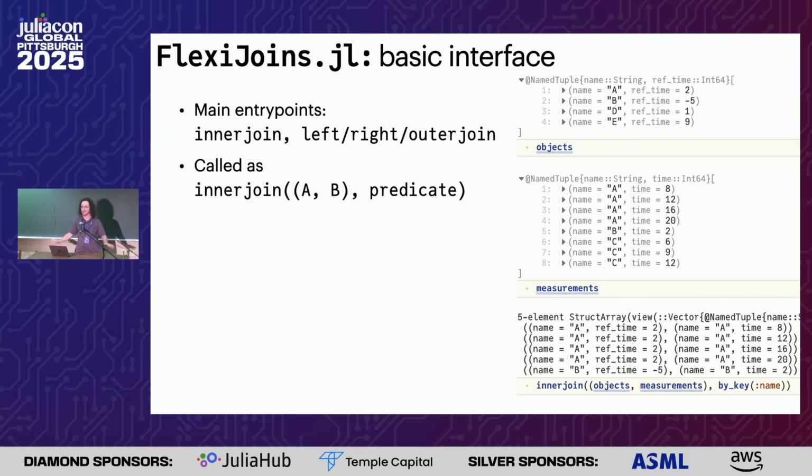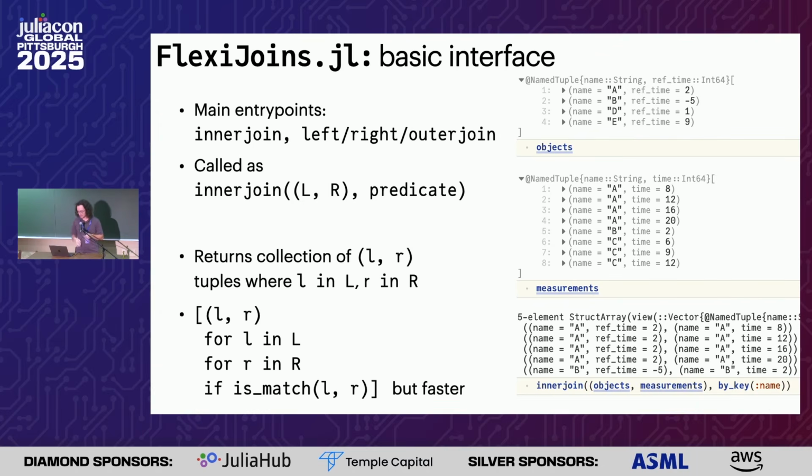This is a typical key equality join. The result is really a collection of tuples containing an element from the left side and from the right side. It is almost equivalent to this list comprehension at the bottom, just faster, just optimized.